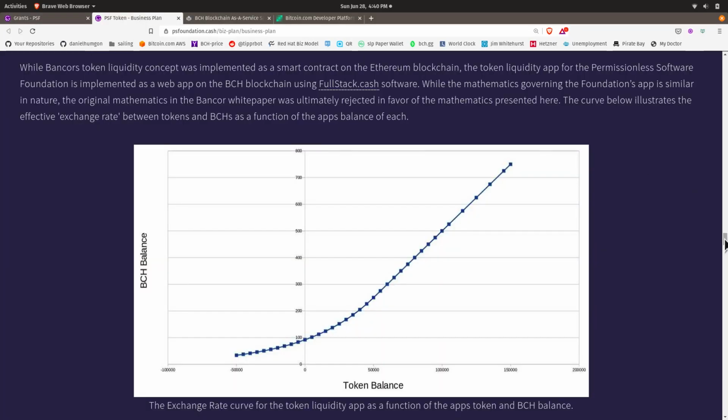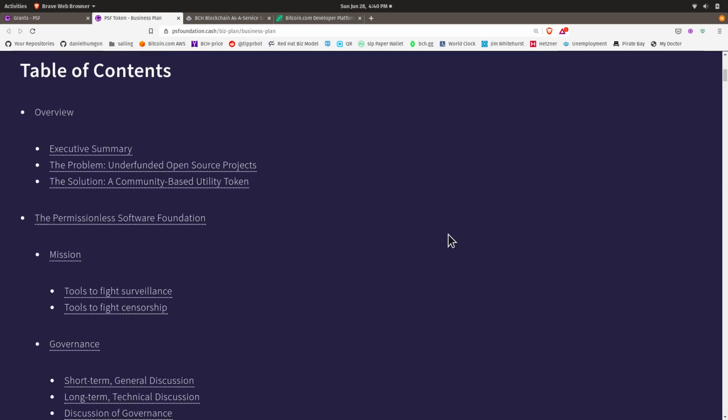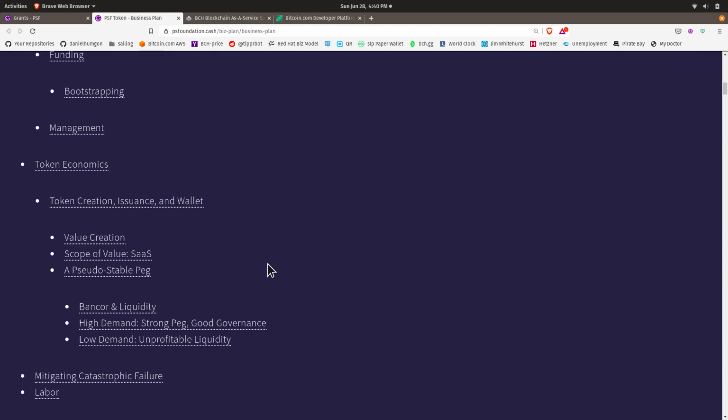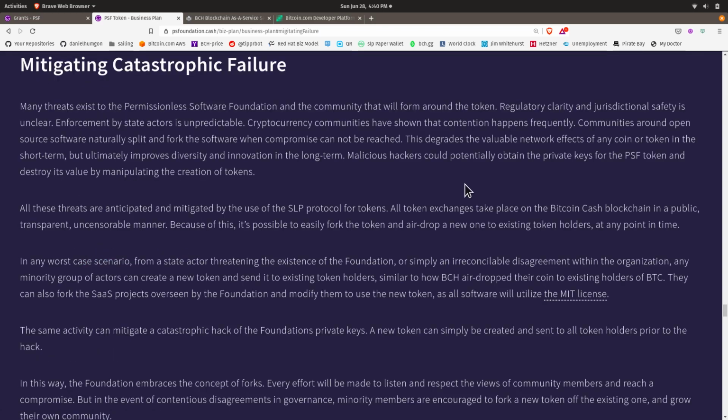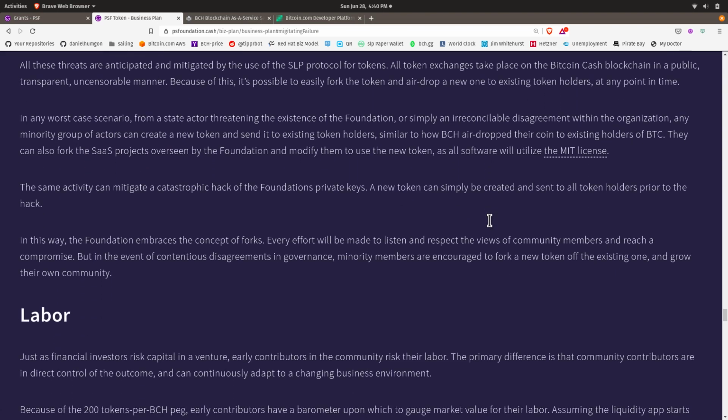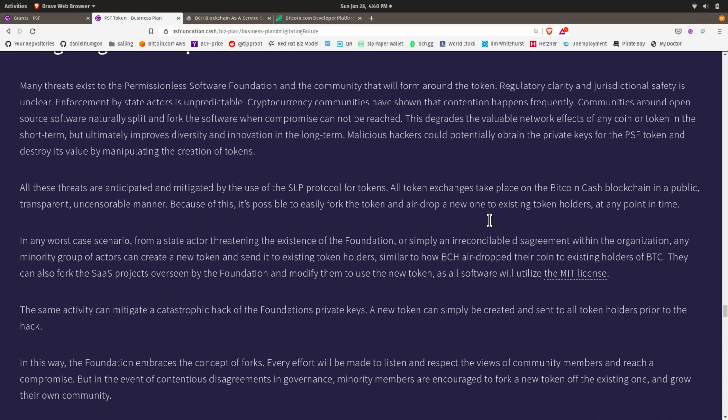And again, the nitty-gritty details are in the business plan under this chapter called Mitigating Catastrophic Failure. What this talks about is there is unclear regulations. There's unclear enforcement.